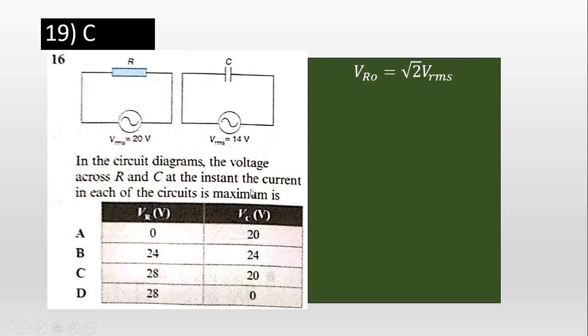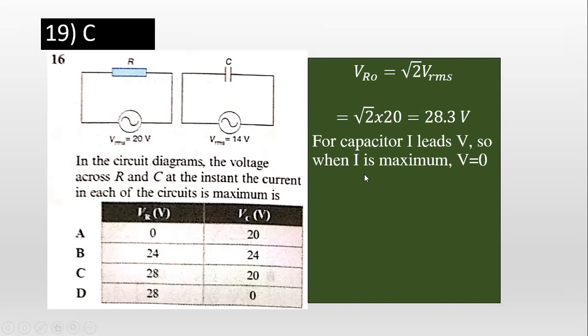So the current is maximum. This one is root mean square, so you have to times root 2 to get maximum. Then comes the tricky part. That one you can calculate. For capacitor, I leads V. When I is maximum, your voltage is 0. So this one, you can do it.